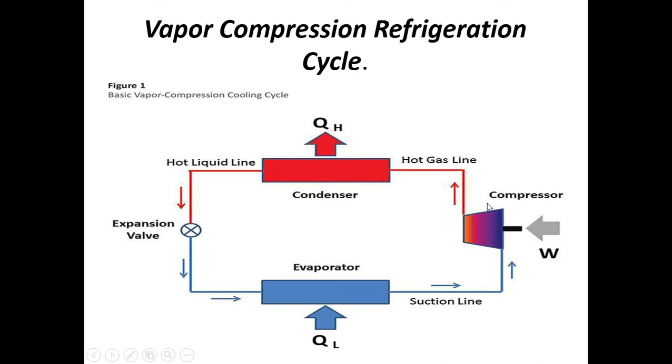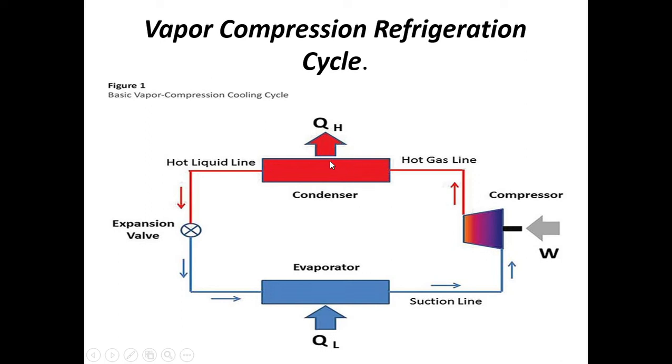Now, when the higher pressure refrigerant enters the condenser, due to compression its temperature and pressure increase. So we have a higher pressure, higher temperature refrigerant after the compressor, and it enters the condenser. Outside you have normal air at room temperature.